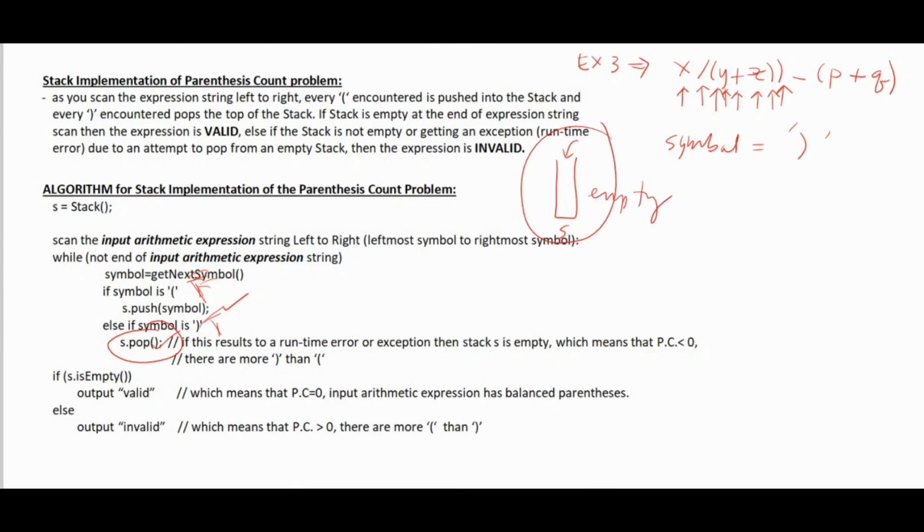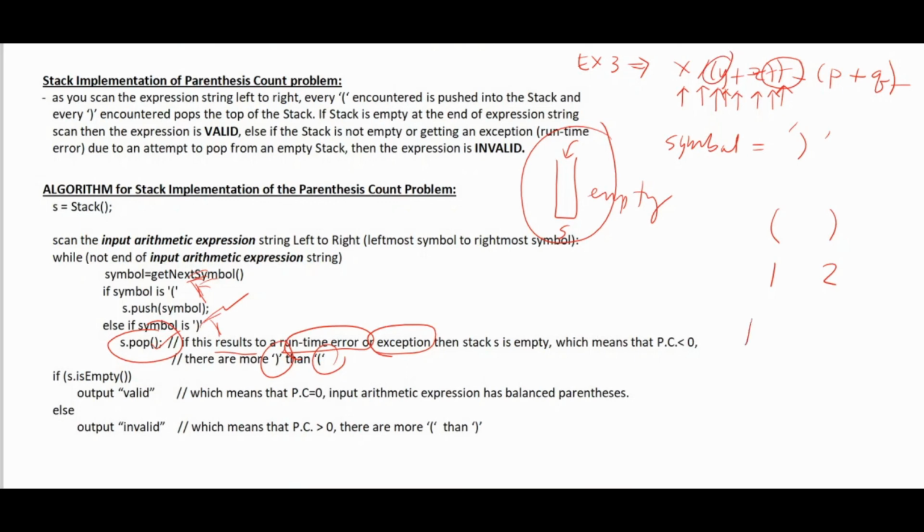So this would result in a runtime error, or an exception. And this means that the parenthesis count is less than 0, or there are more right parentheses than left parentheses. As you can see, there is only one left parenthesis and there are 3 right parentheses, but so far what we have encountered is just 2 right parentheses and 1 left parenthesis.